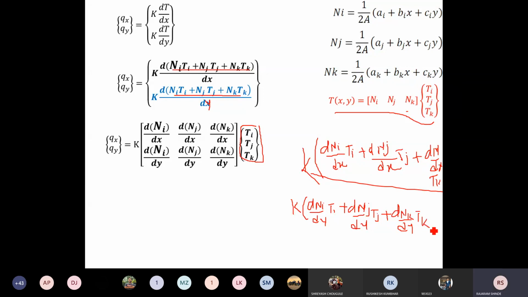Okay, this is your second equation. Have you got it? These two equations I have just written in matrix form.